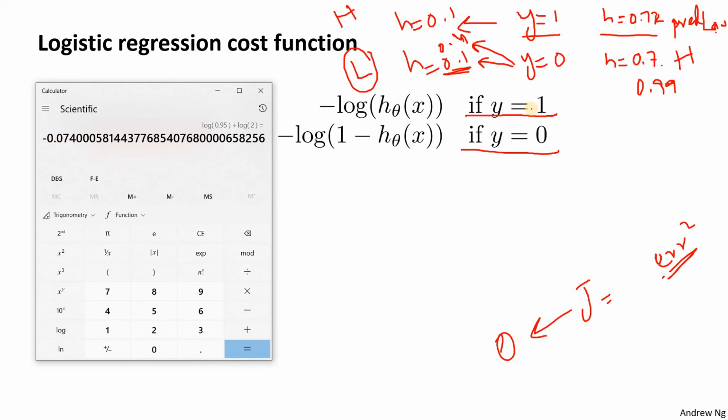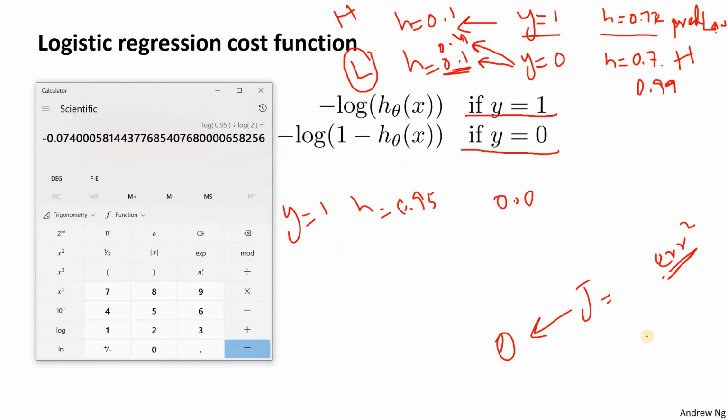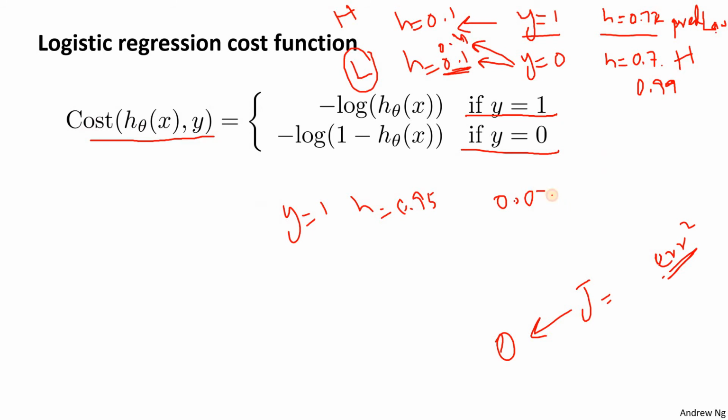So just to give you a comparison, if y is 1 and I predict it as 0.95, how much penalty am I getting? The penalty I am getting is 0.074.